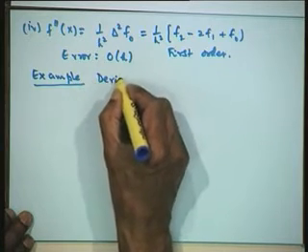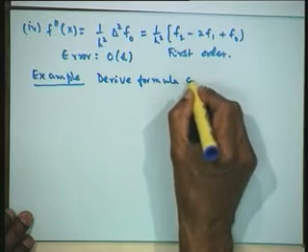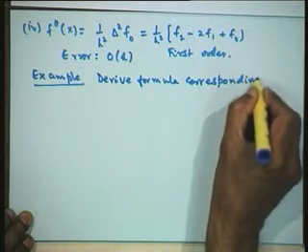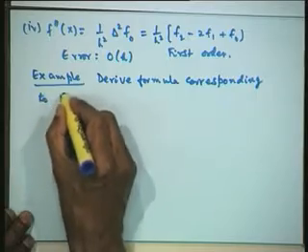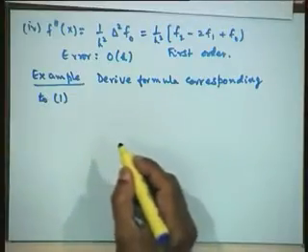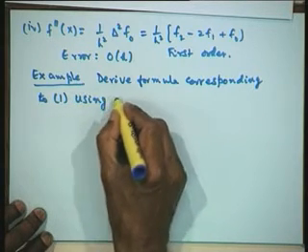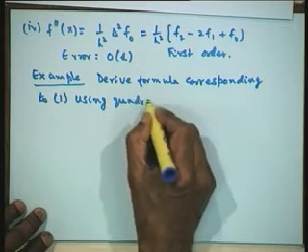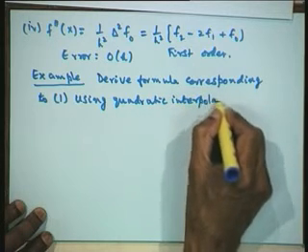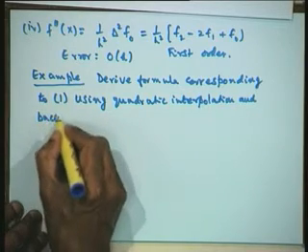Derive the formula corresponding to 1, I mean this particular formula that we have numbered as 1, using quadratic interpolation and backward differences.